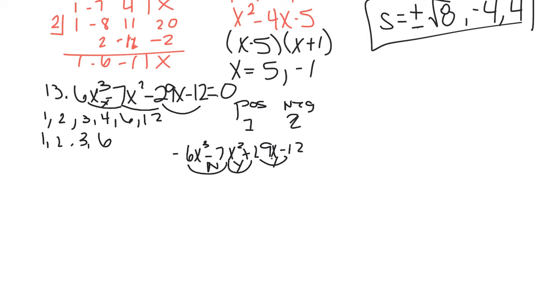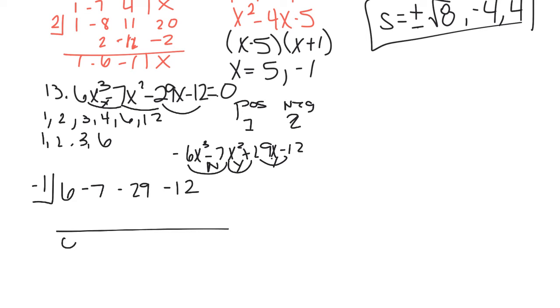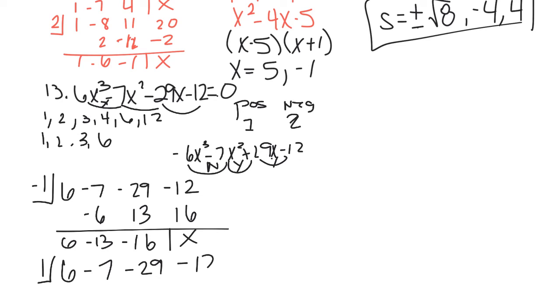Now my p over q's, I'll start with the plus or minus the whole numbers, because that usually will get me the answer before. So let's try negative 1. 6, negative 7, negative 29, and negative 12. And I get 6, negative 13, negative 16, and not 0. So let's just try positive 1 just in case that's my answer. 6, negative 7, negative 29, negative 12.